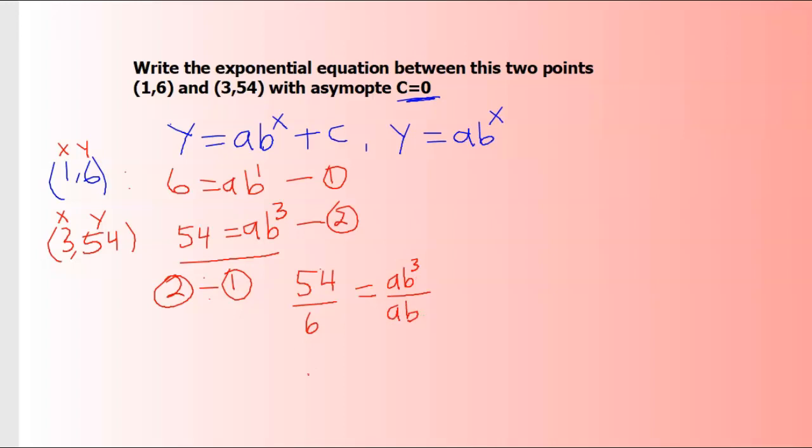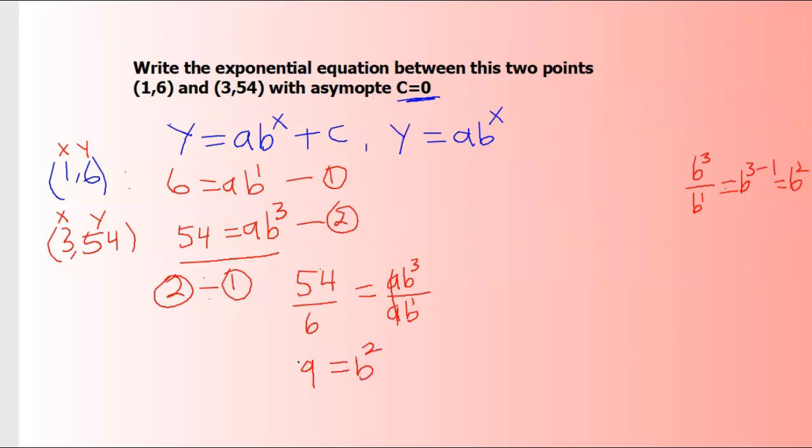So here we got 9, and the a cancels. By the laws of exponents, if we have b cubed divided by b to the 1, it's just b to the 3 minus 1, which will be b squared. So here we have just b to the power 2.